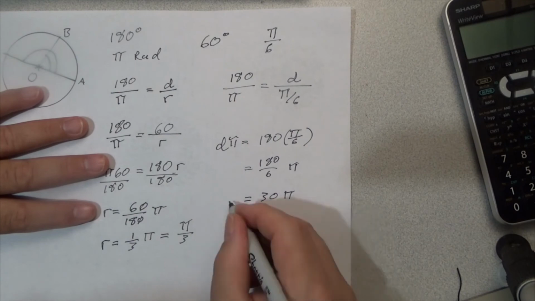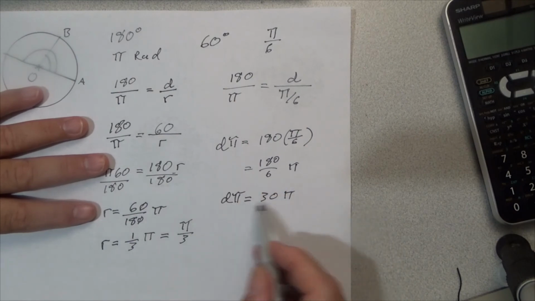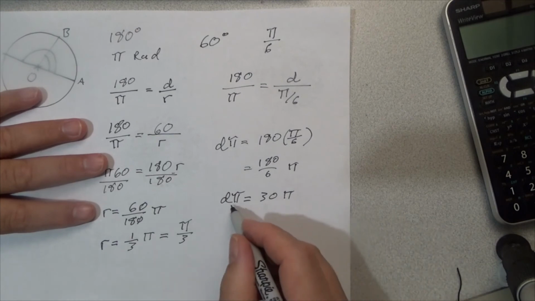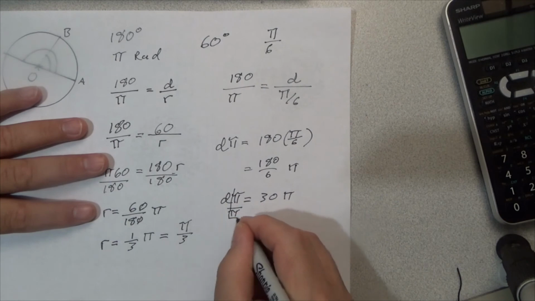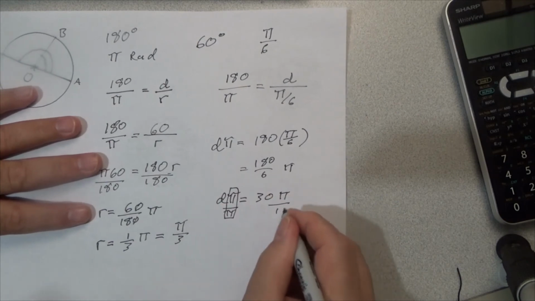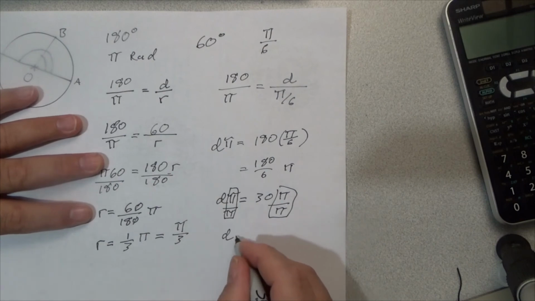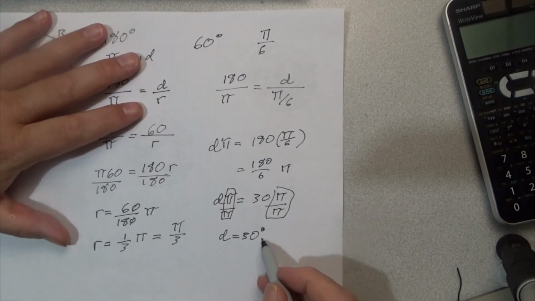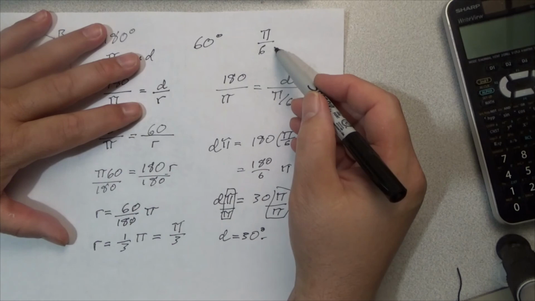And so degrees times pi. Whenever you have the same amount on each side of an equal sign, you can cancel it. It's the same thing as just saying, I'm going to divide both sides by pi. So this becomes a 1 right here. Divide this side by pi, and this becomes a 1 right here. So the degrees are 30. 30 degrees. So 30 degrees is equal to pi over 6 radians.